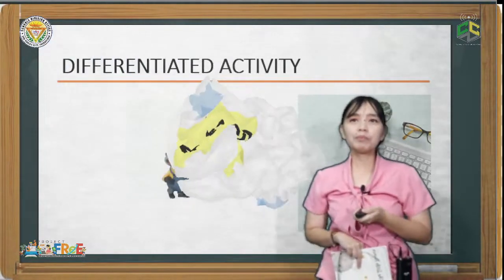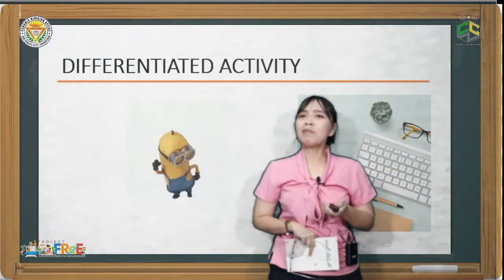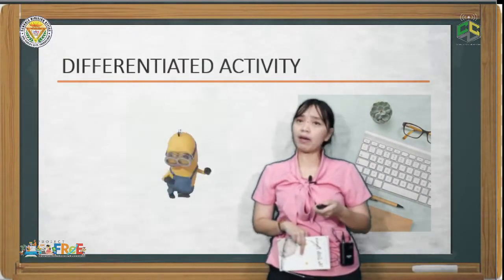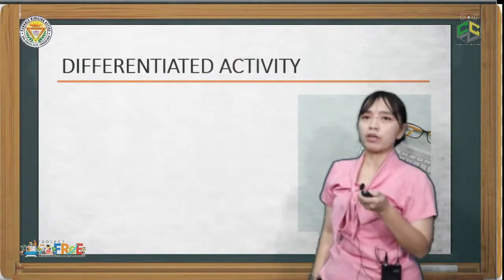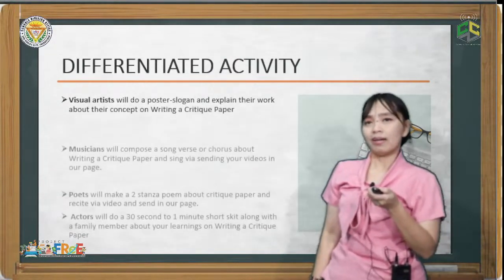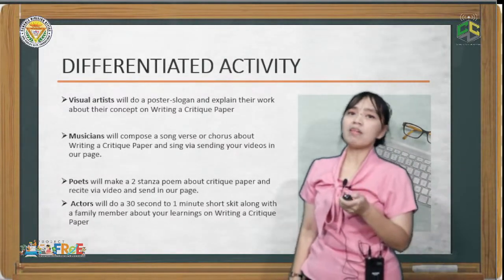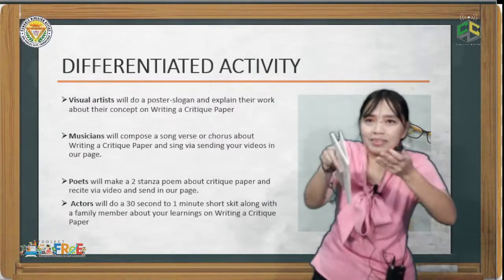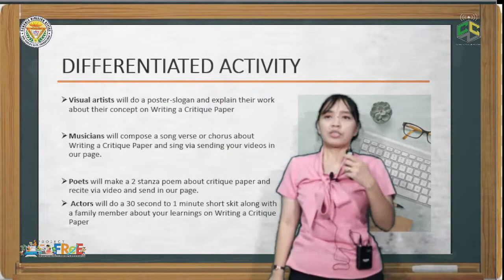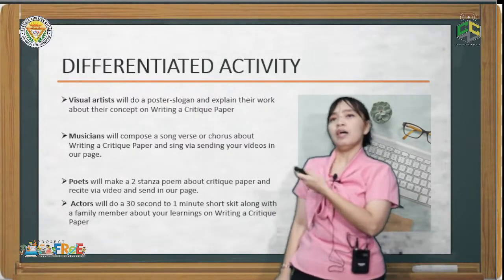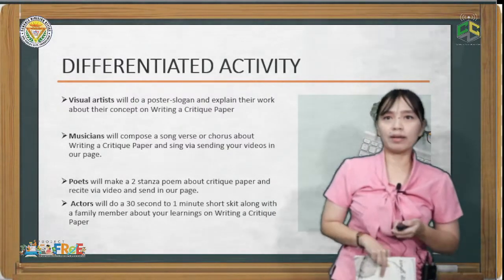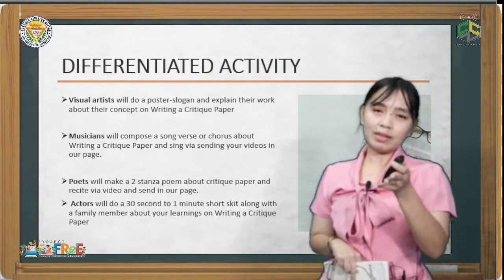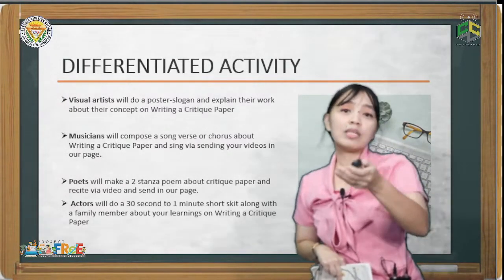Okay? And this time, let me do a little activity for you. I did prepare a differentiated activity for each one of you, since I do believe that you have your own unique intelligences, grade 12 learners. So I came up with this activity, wherein all the visual artists will do a poster slogan and explain their work about the concept of writing a critique paper.